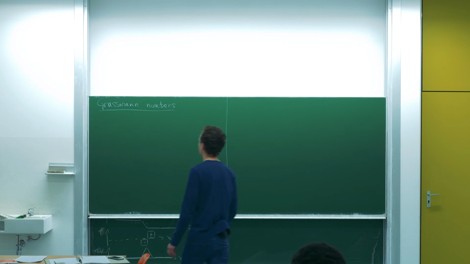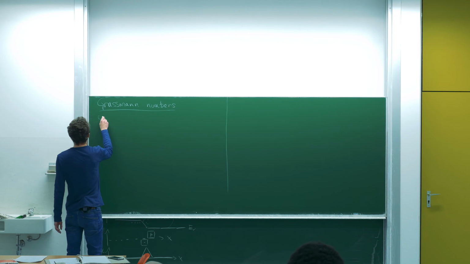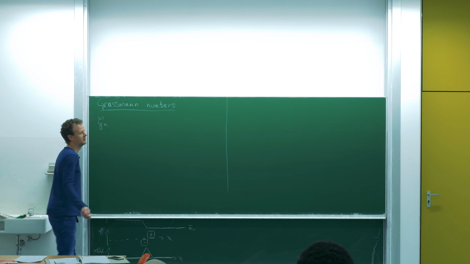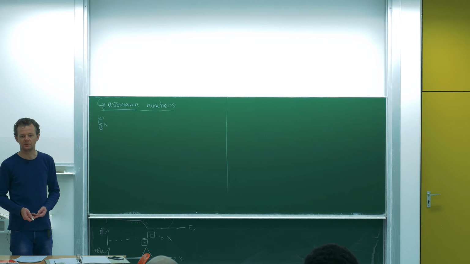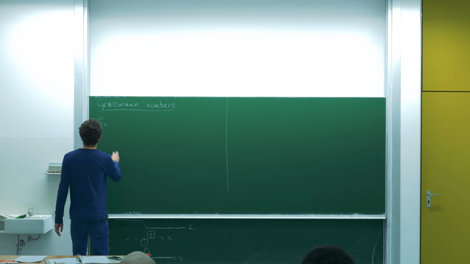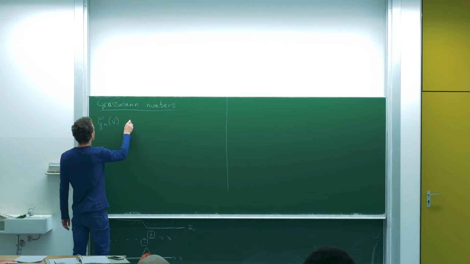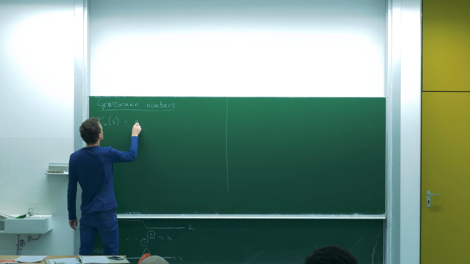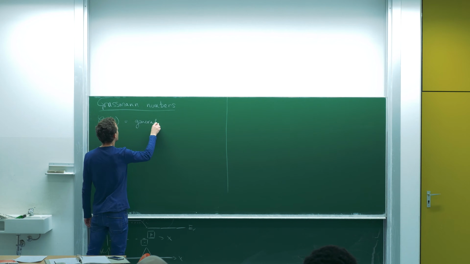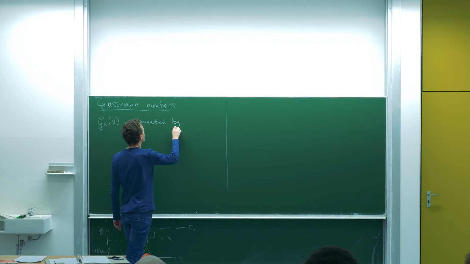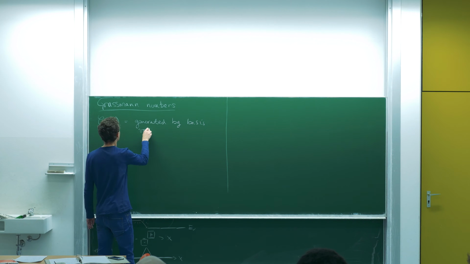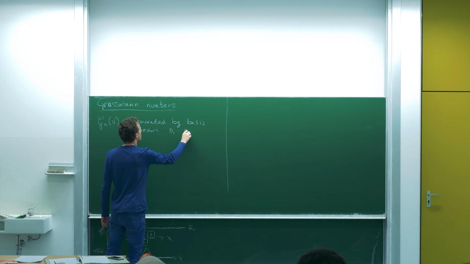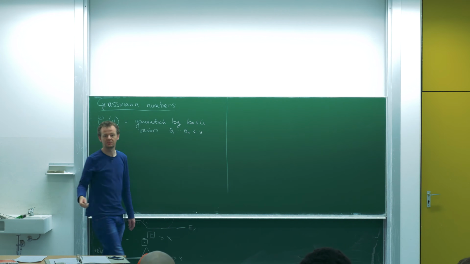So if you recall from last week, we defined the Grassmann numbers to be generated by a set of vectors in some vector space V, you choose some set of basis vectors theta 1 through theta n of some vector space V.